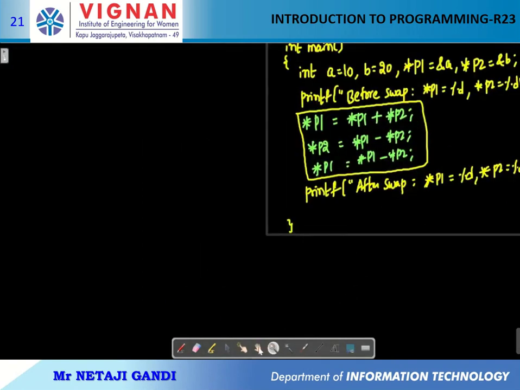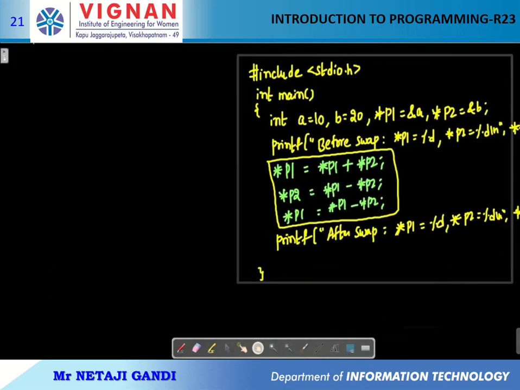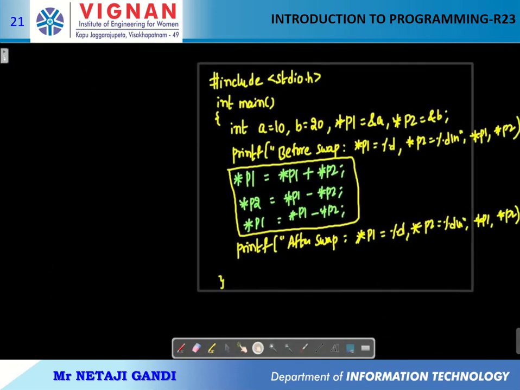So first you can observe here a is a variable and it is holding a value of 10 initially. And then b is another variable which is holding a value of 20 initially. Now p1 is a pointer which is holding the address of a.